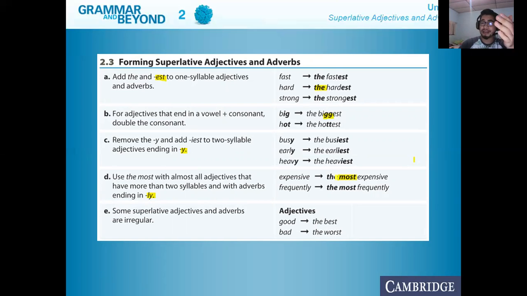There is no rule to determine if they are going to be regular or irregular. The best way to do it is by memorizing them and learning them by heart. In that way, you're going to avoid being confused about the different use of these kinds of adjectives and adverbs. So when you have the adverb well, it will become the best, or badly will become the worst.